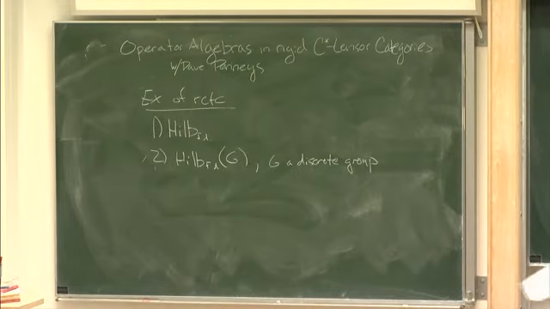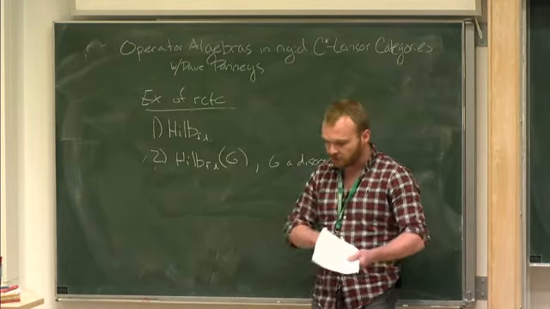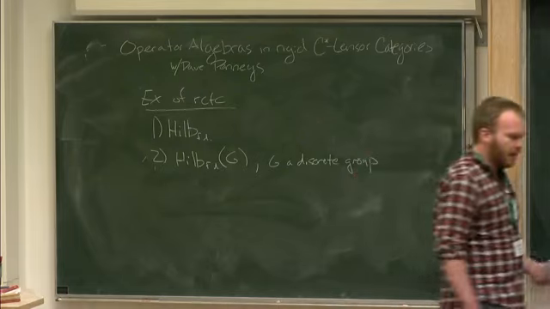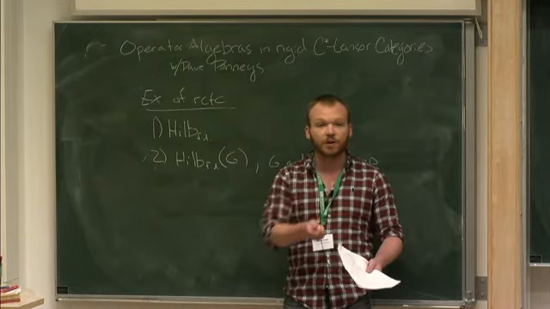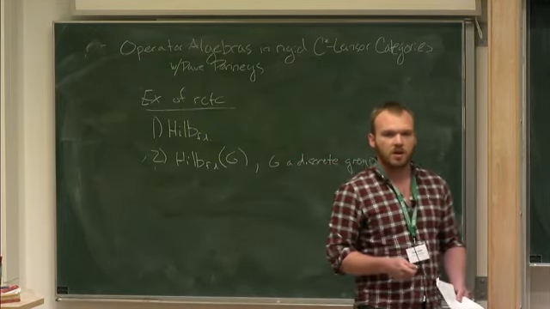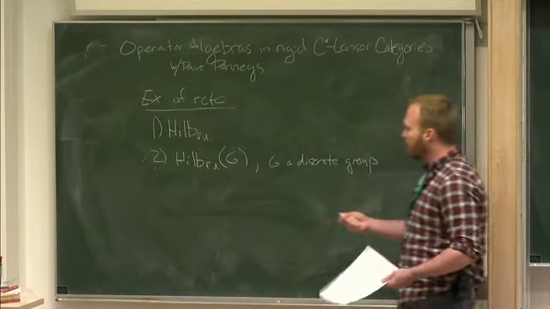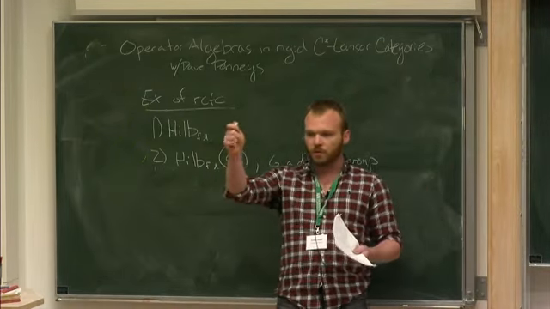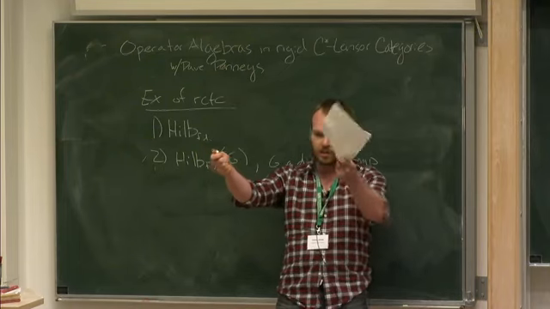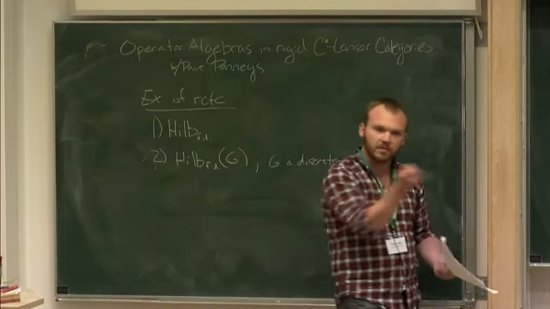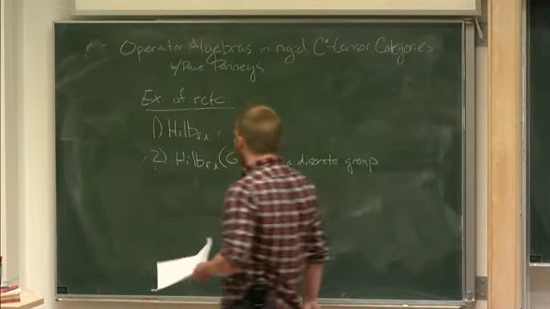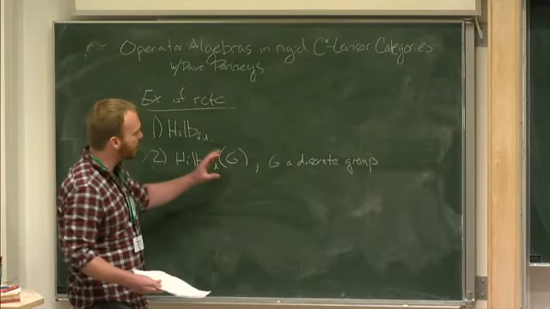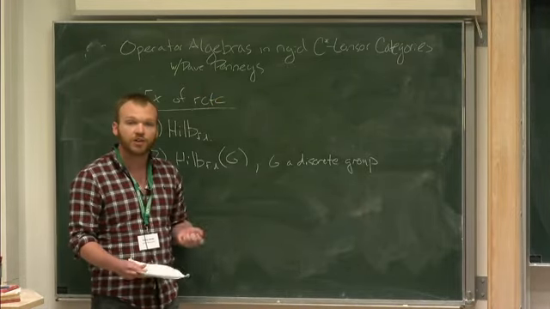Objects will be finite dimensional Hilbert spaces that have this G grading, and everything works like before, except the morphisms in this category have to send G-graded components to G-graded components. And then the tensor product works like this: if you have a Hilbert space that's homogeneously graded by an element g and another by h, you take the tensor product of the corresponding Hilbert spaces and you shift the grading.